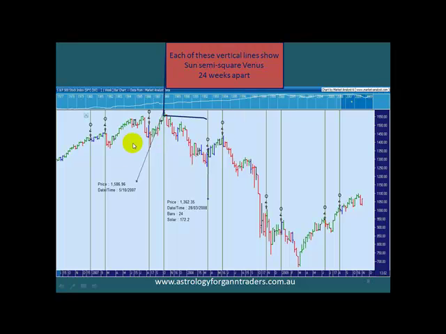The vertical lines, these bigger gaps here, are 24 weeks apart, and these smaller gaps are these little periods. The irregularity in the cycle happens because of the retrograde movement of planets, and this is Venus. Every time Venus goes retrograde, but you can see how amazing that cycle is.